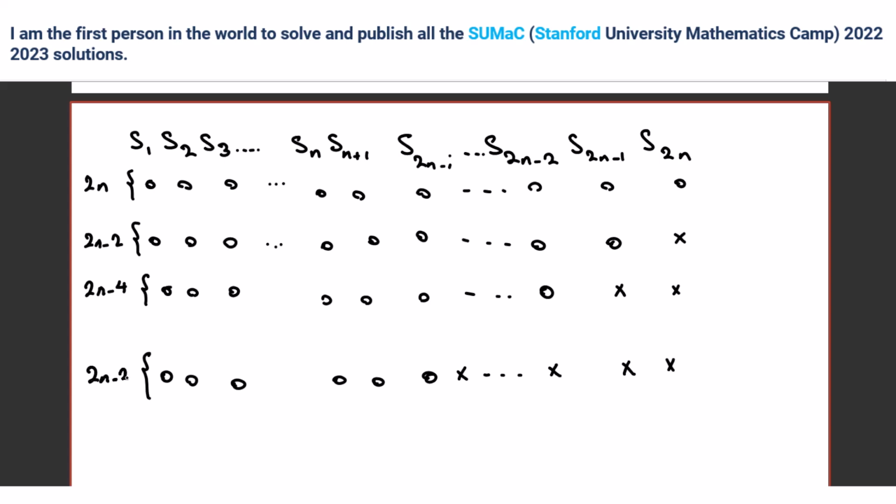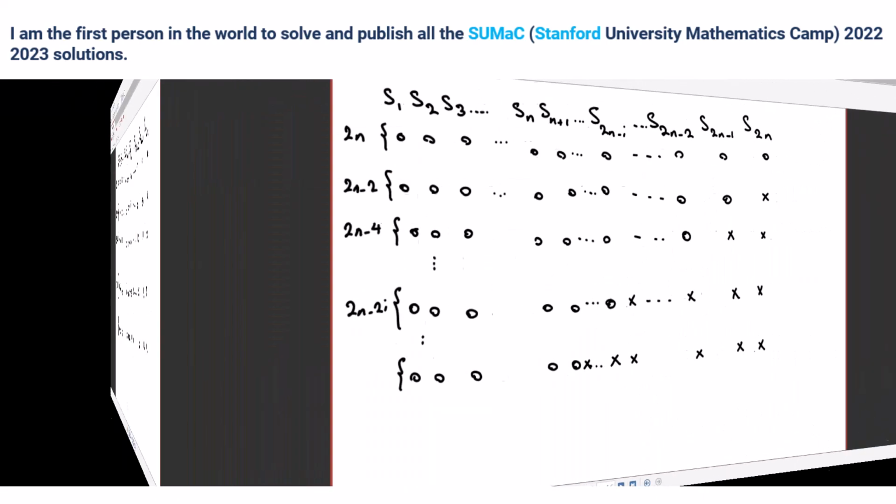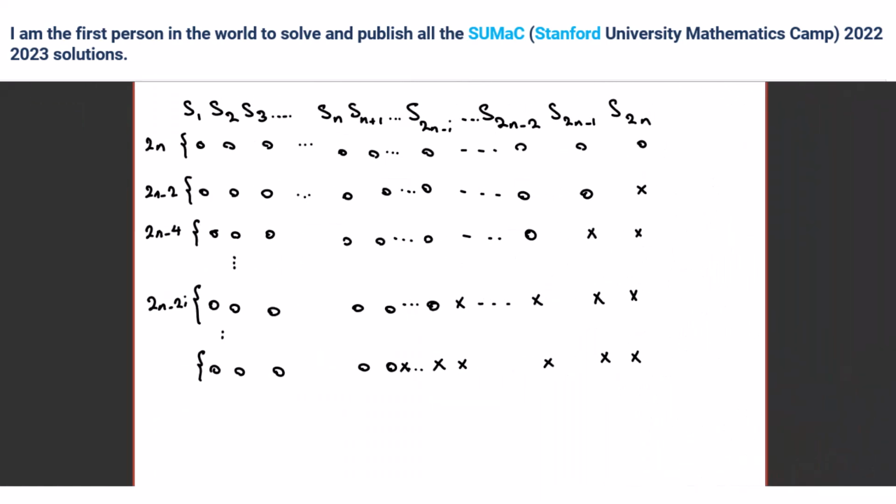Exactly. And how many elements do we have in Sn plus 1 of them? So 2n minus 2n, just 2? Yes.